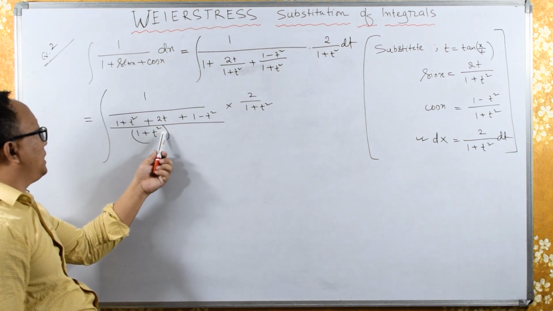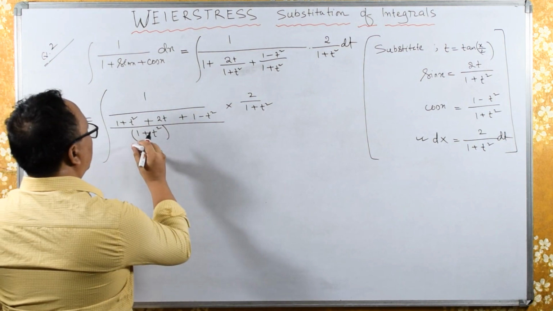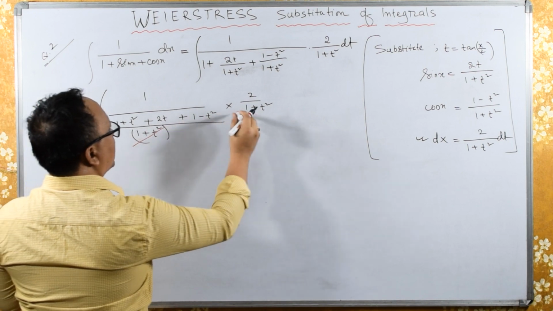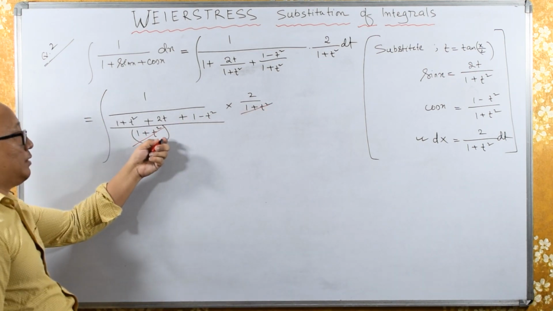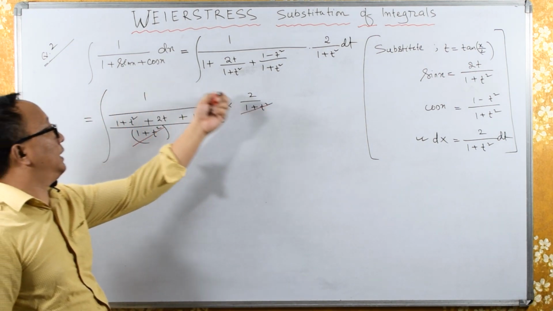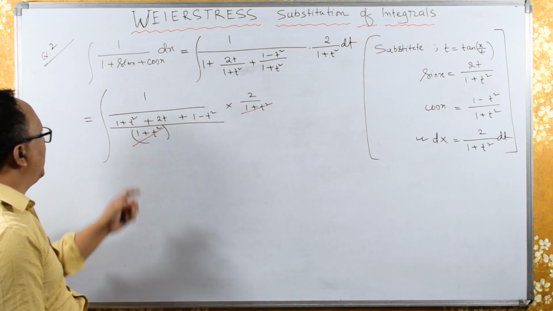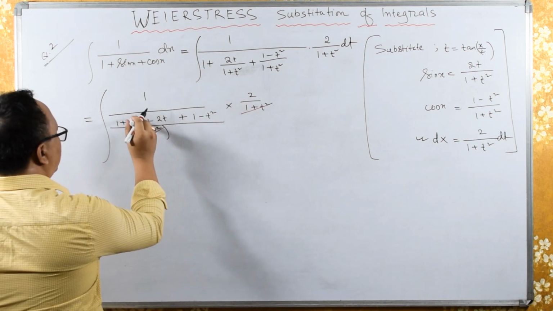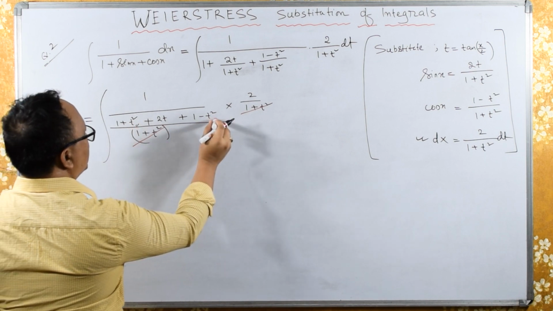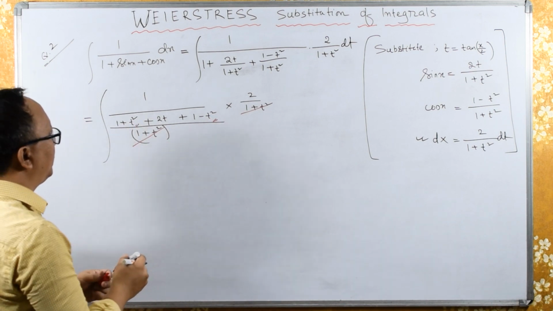This 1 plus t square and 1 plus t square get cancelled. Again, t square and minus t square get cancelled.